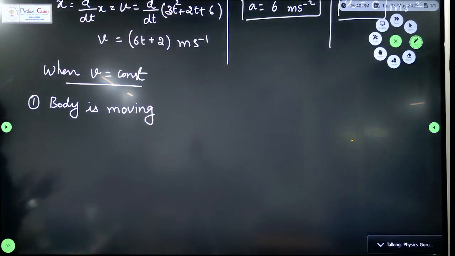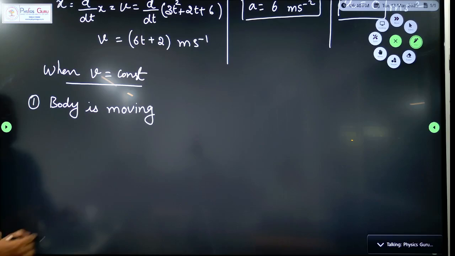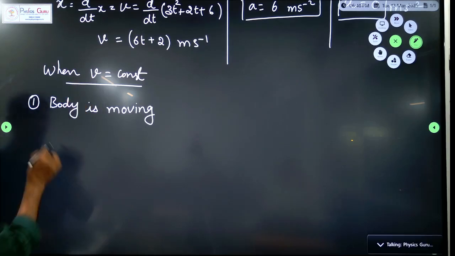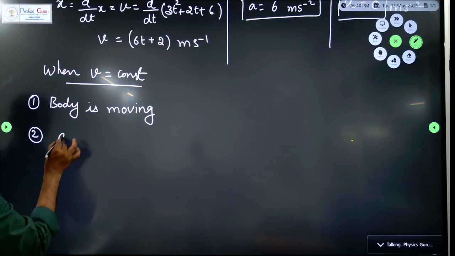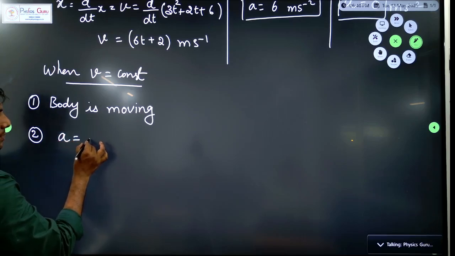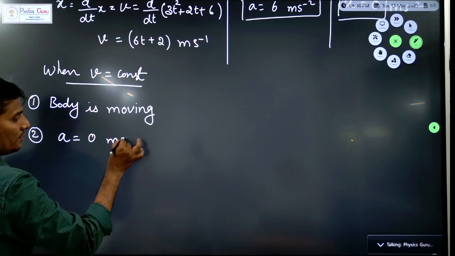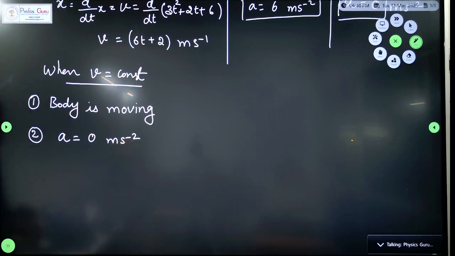Second, as the velocity has become constant, acceleration has turned out to be 0 meter per second squared. This is my second inference. And the most important third inference.